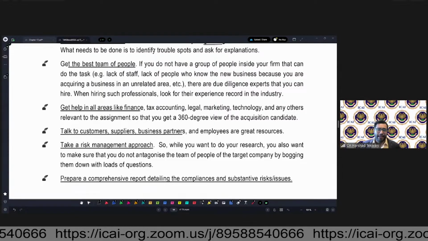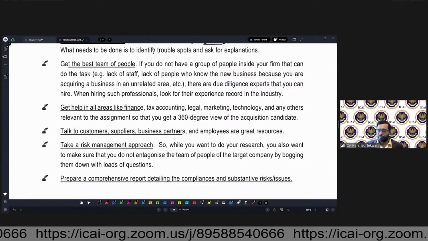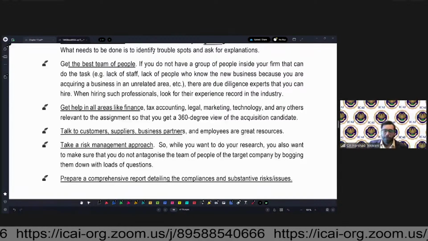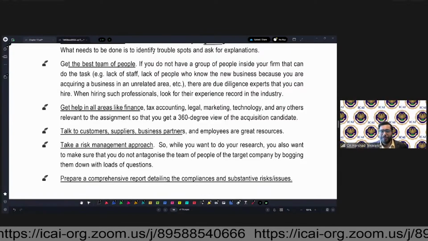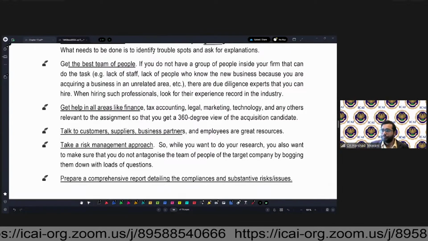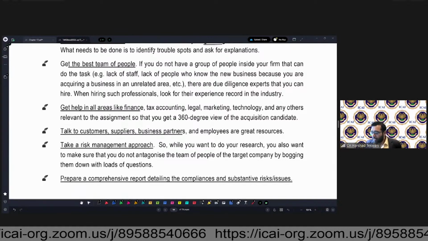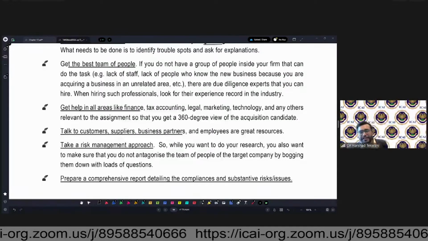Now comes the second area, which is investigation. Can anyone tell me the difference between investigation and audit?